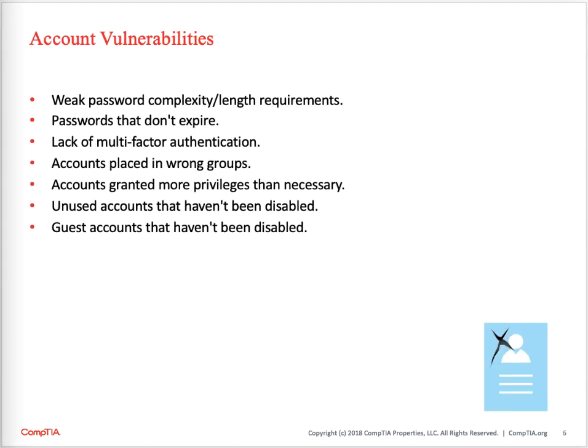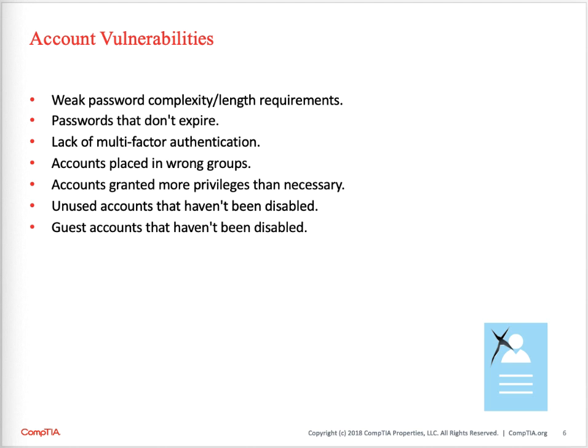Account vulnerabilities. Attackers are always looking for a way to exploit the identity of you as the user and of computers. By getting at account vulnerabilities, they can bypass the authentication or authorizations we've set. There's a bunch of different ways that an account could be misconfigured, and that's going to lead to that bypass, right?